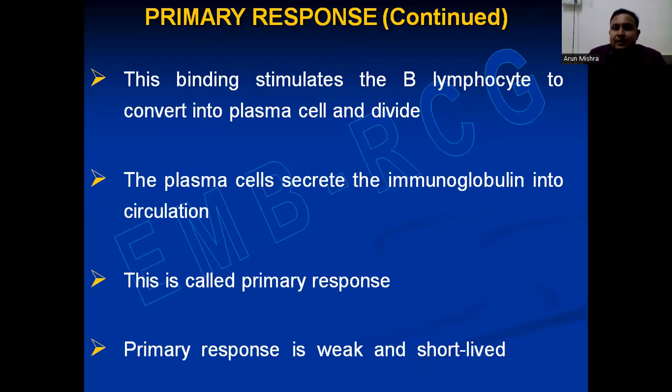This binding stimulates the B lymphocyte to convert into a plasma cell and divide. The plasma cell secretes the immunoglobulin into circulation. This is known as the primary response. It is weak and short-lived.